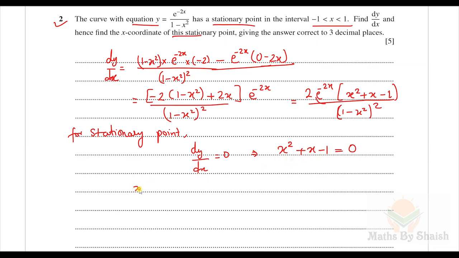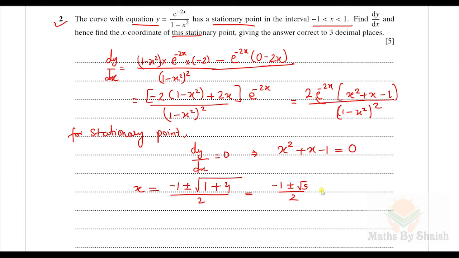For that we'll use the quadratic formula. x is equal to minus b, that is minus 1, plus or minus the square root of b square, that is 1, minus 4 times 1 times minus 1, that is plus 4, over 2. So that is minus 1 plus or minus root 5 over 2.